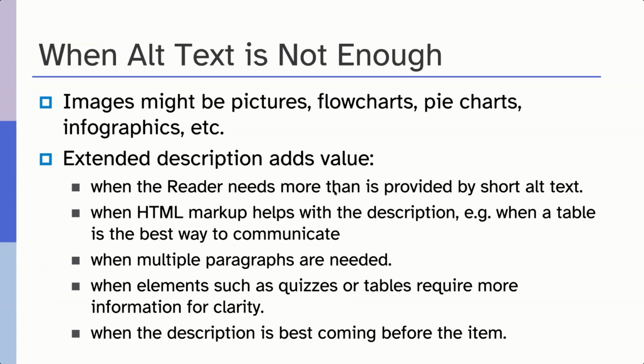So when alt text is not enough, we know that images are required to have text equivalence for the information. But the amount of information provided in a graphic varies wildly. We've got decorative images, which do not require any kind of description.